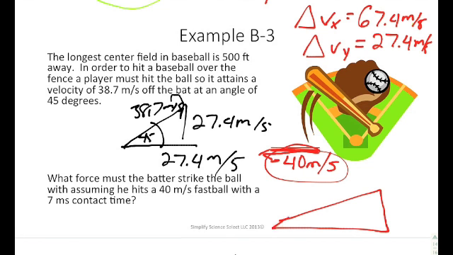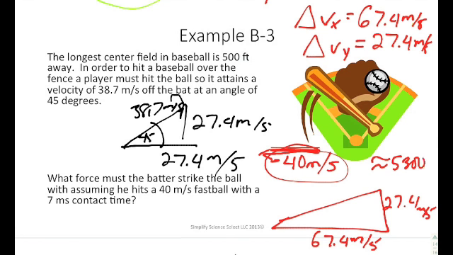So now we can say I have 67.4 meters per second here. I have 27.4 meters per second there. And I can put them together using the Pythagorean theorem, where a squared plus b squared equals c squared. So 27.4 squared plus 67.4 squared equals about 5,300 whenever you add those together.